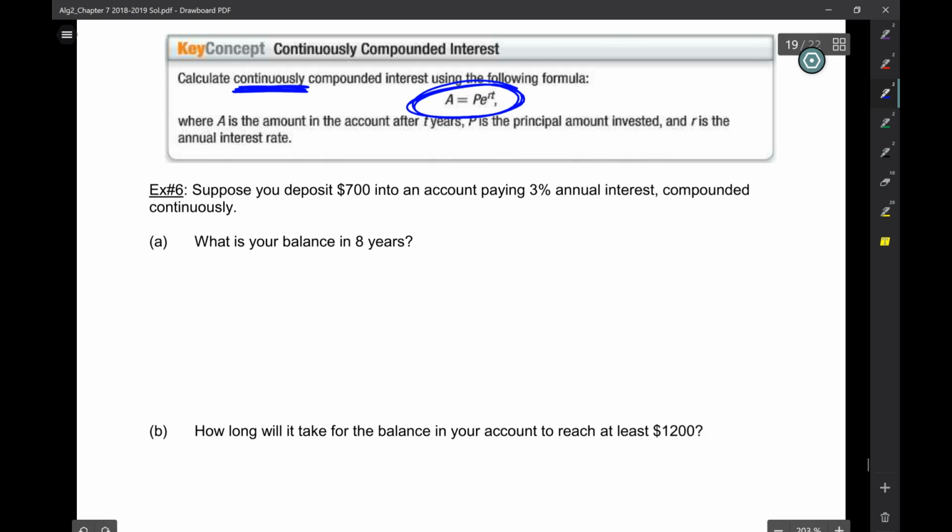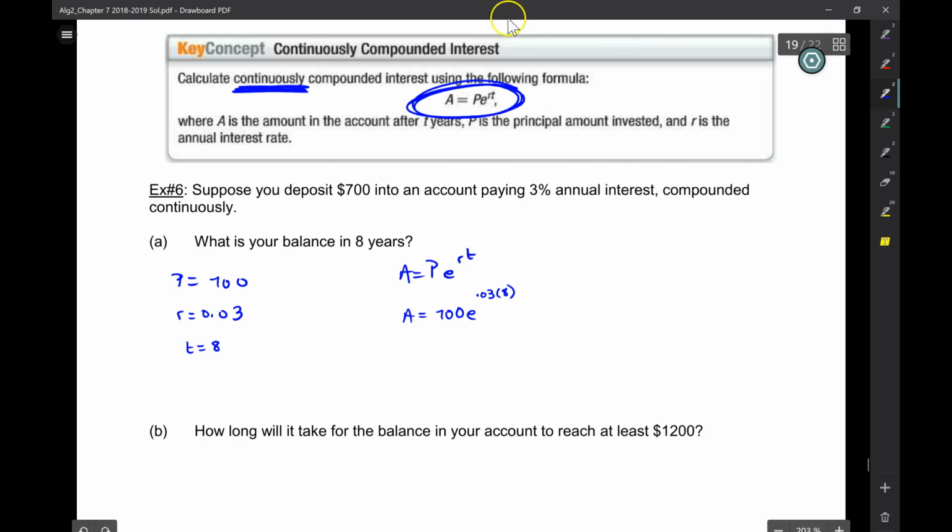Okay, so A equals P e to the rt. What's P here? $700. What's R? 0.03. Okay, what's T? 8. Okay, so let's do it. A equals 700 e to the 0.03 times 8.